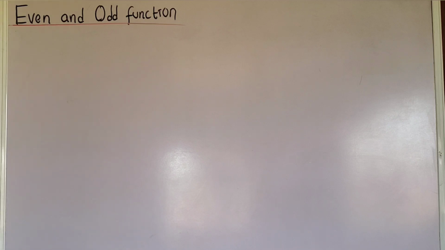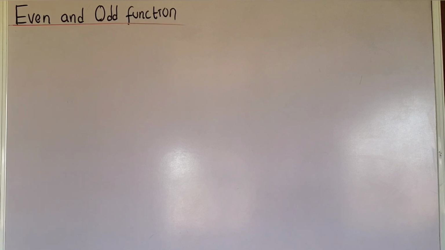A function, please pay attention, there is also a condition for that. For a function to be written as the sum of an even and an odd function, that function must satisfy this condition.